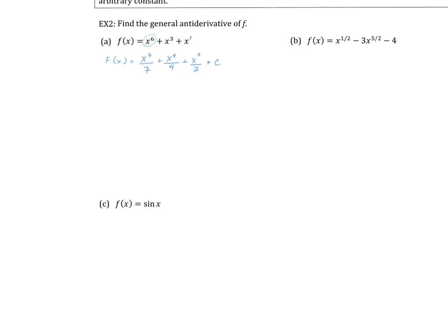How do I know if I've done this correctly? Well, it's a simple check. If I take the derivative of an antiderivative, I should get back to my original function.